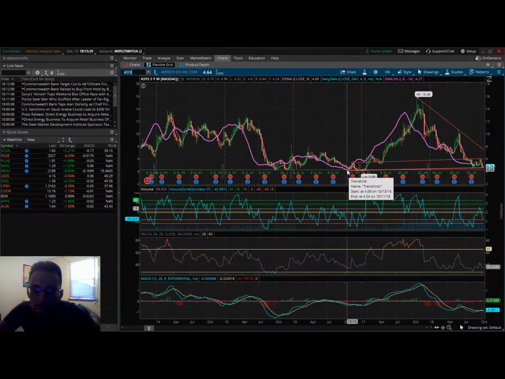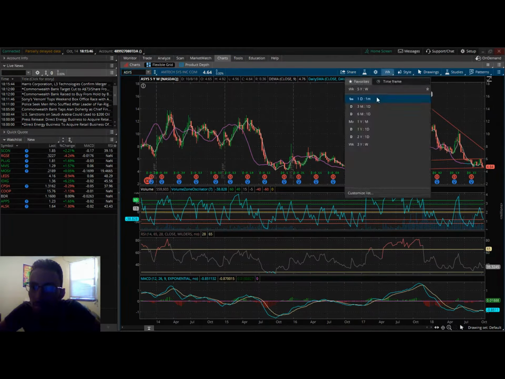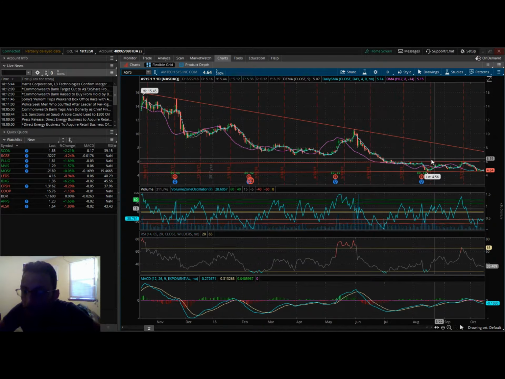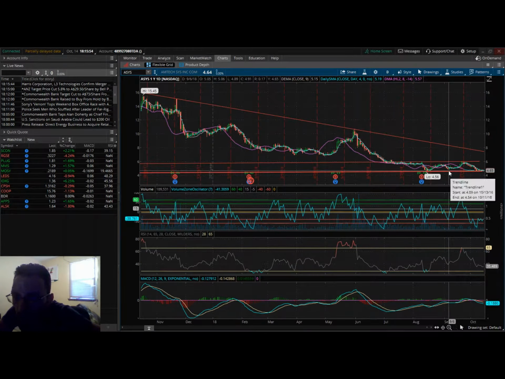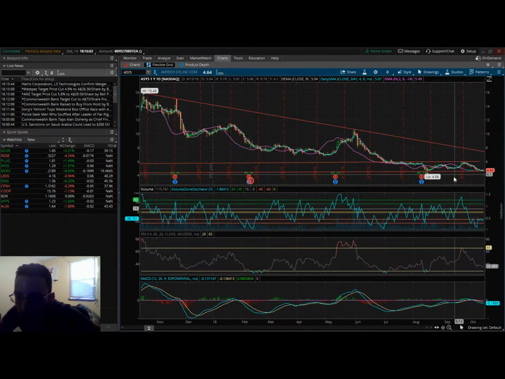It's always good to get past historical movement data and see how it's been moving. Then I'll go to a more recent 1 year, and from here I would find what's happening. All right, so I've got support here at $4.65, roughly around there, and then I have resistance at around $5.90.